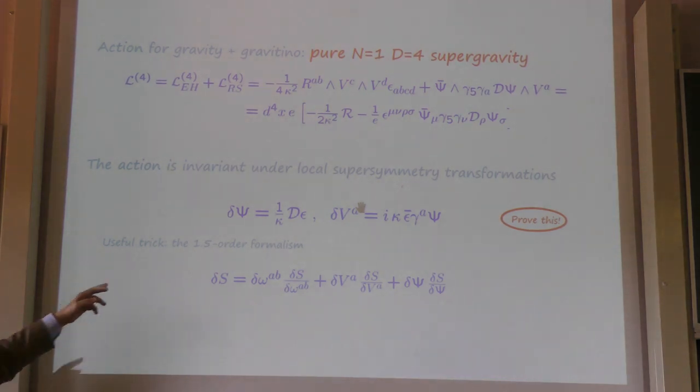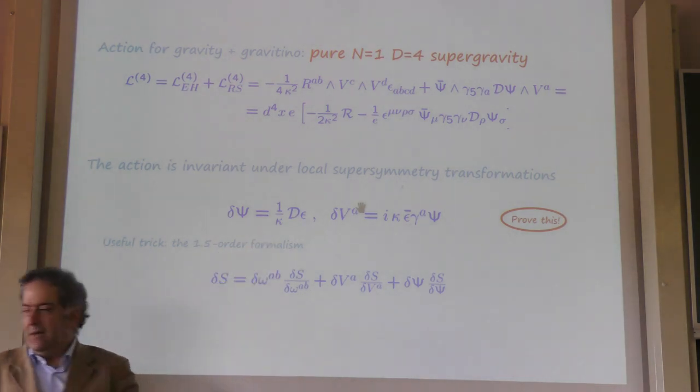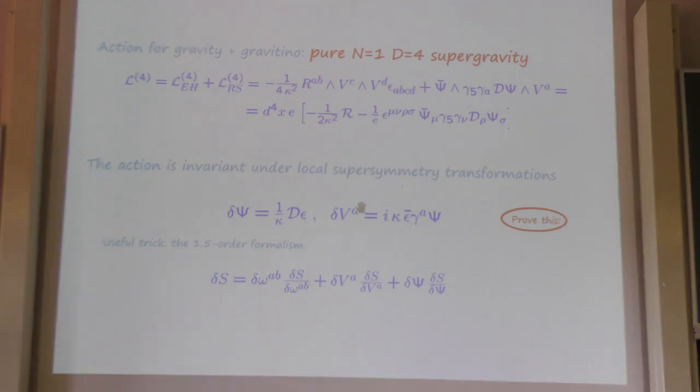How do you prove this? First of all, why do we need kappa? Before I didn't write kappa. Well, we need kappa because of dimensions. Epsilon has dimension of length to the 1/2, because epsilon bar gamma A epsilon is a length.